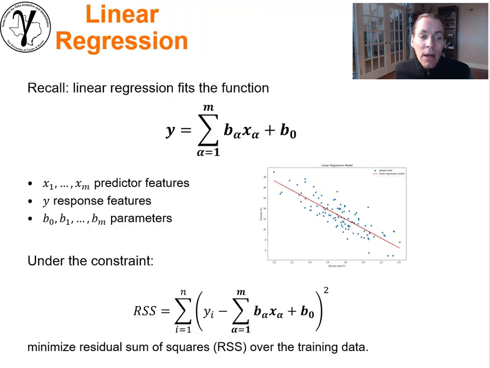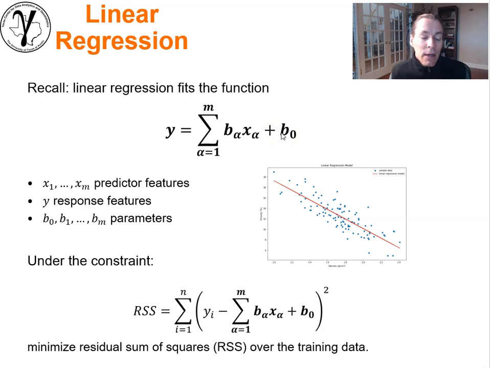Let's get into it. In order to get into ridge regression, let's do a really quick recall of general linear regression. The idea of linear regression is that it's a parametric model with very simple parameters. We are doing a linear weighting with our B parameters, or slope parameters, for each one of the predictor features, and we will add in an intercept term.